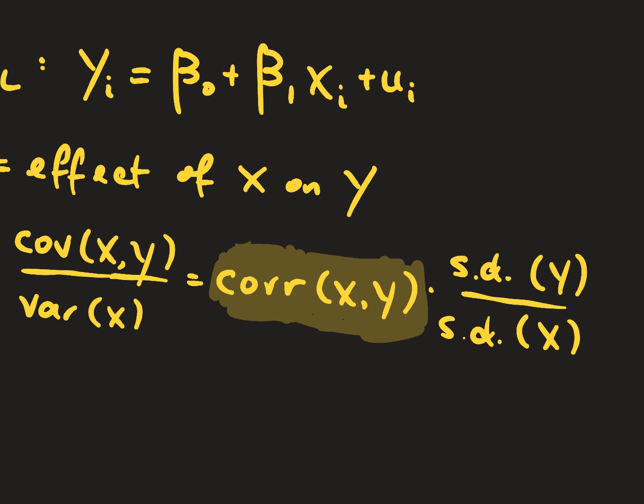So what we calculate for beta 1 hat is fundamentally a correlation between x and y, just scaled by the relative standard deviations in x and y. The main thing is our estimated effect, that's with air quotes, of x on y is always a correlation. And what was that cliche? Correlation does not imply causality.